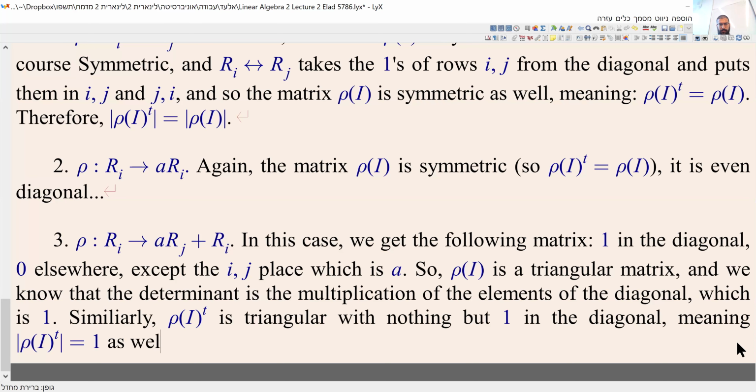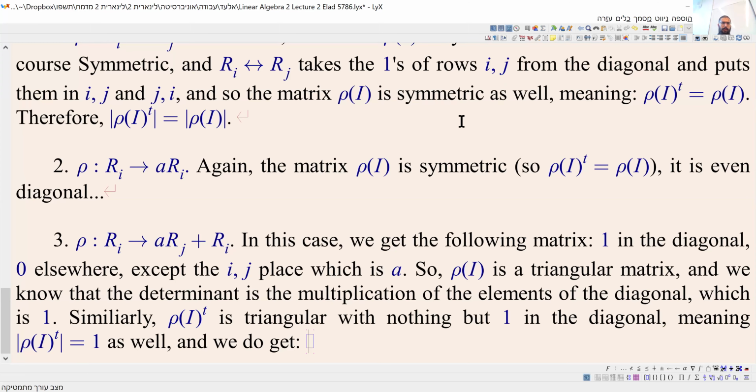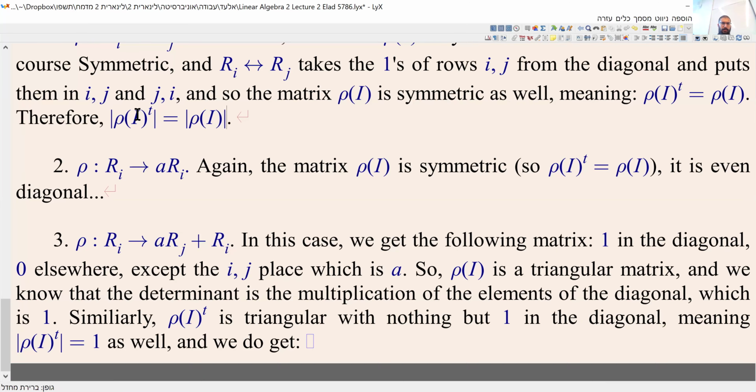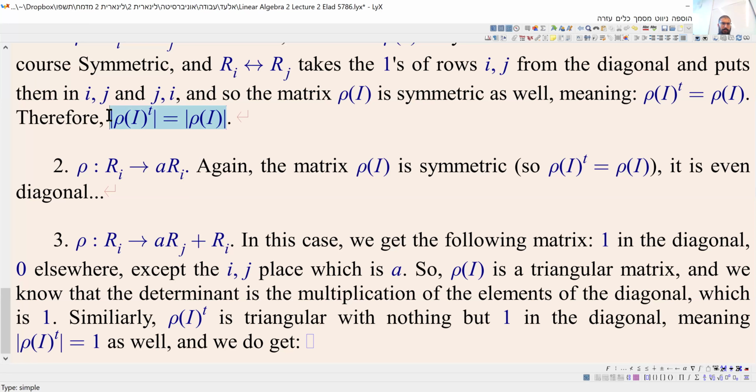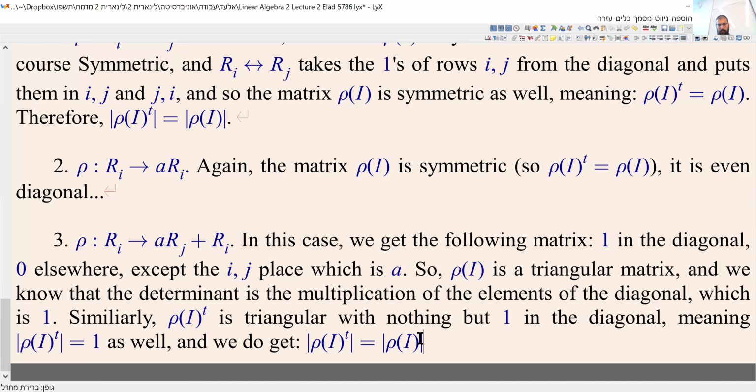So we do get that the determinants of R_i transpose and R_i are the same. So for every elementary matrix, our proposition is true. You do transpose, you do nothing. It's the same determinant.